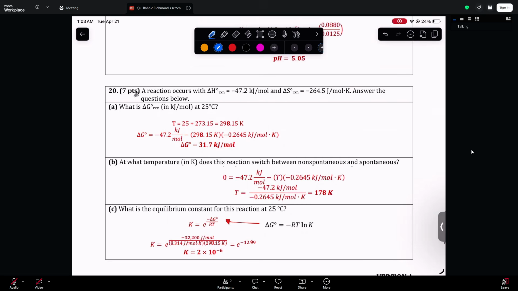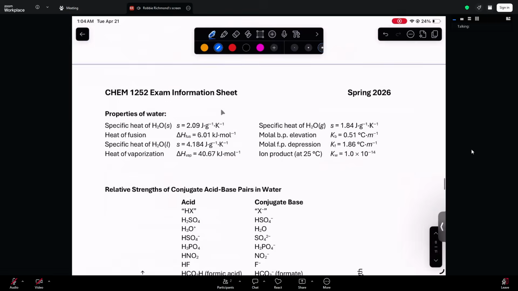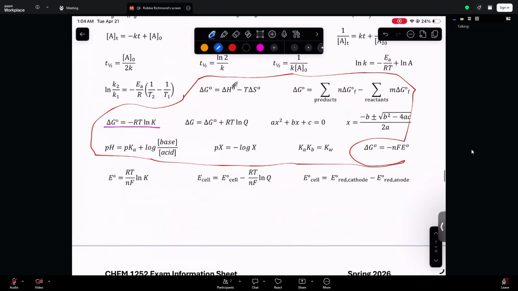So here we're given delta H naught, and we're asked for delta G naught in kilojoules. The equation that most fits that information is this equation right here.